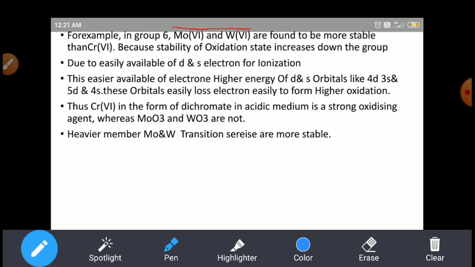Yes, molybdenum, tungsten +4 state. Sorry students, I forgot. I did not notice properly. It is +6. Sorry, it's my mistake. I felt that it is like this. Sorry, I forgot this one. Okay, next, what's your question?